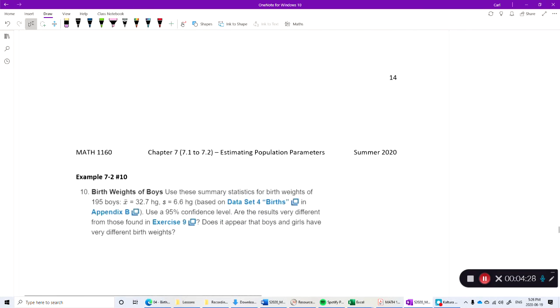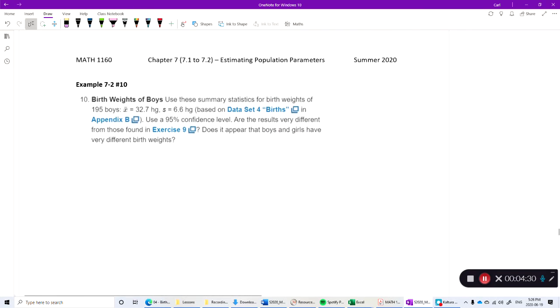Okay, so that's the summary, and now we can use it in another realistic example. We did the birth weights of girls in the last video. Now we're going to look at the birth weights of boys. So using the summary statistics from the data set that we were looking at, the mean for boys is, now they wrote it in a strange way.